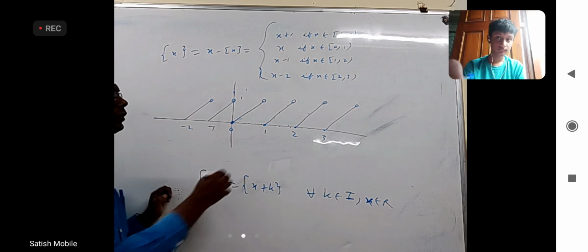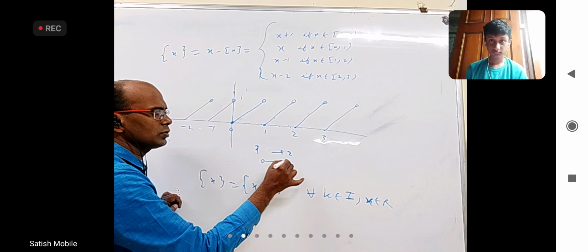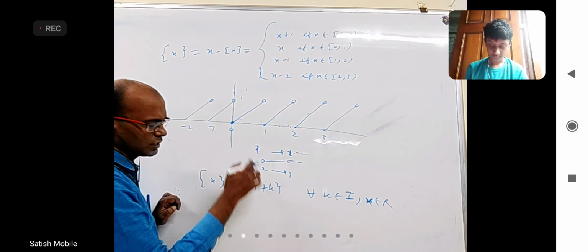You take anything between 1 to 2, fractional part will increase slowly from 0 to 0.999. When 2 to 3, again start with 0, goes up to 1.